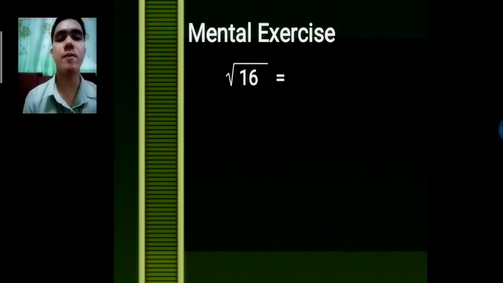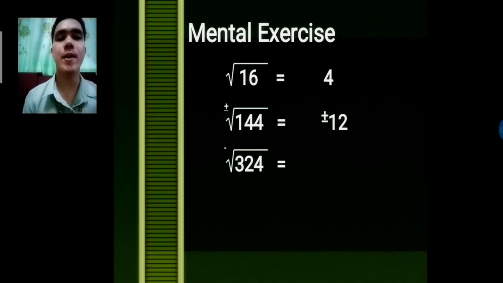How about the square root of 16? That is 4. Then, positive negative square root of 144, positive negative 12. Negative square root of 324 is negative 18.